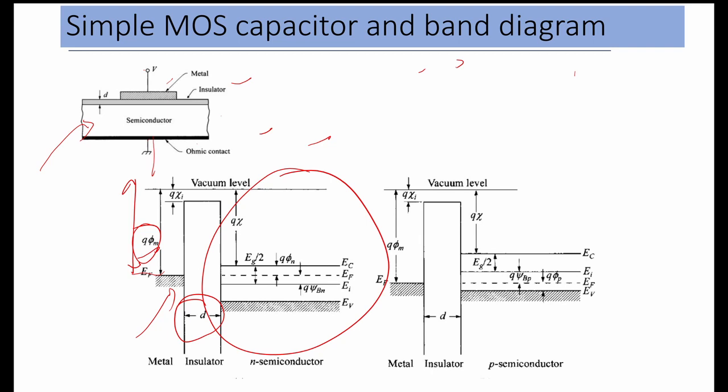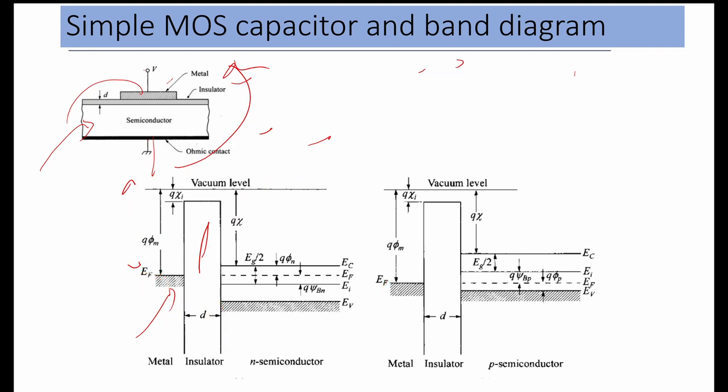We have shown it spatially. This is the metal. If we rotate it 90 degrees, how will it look? This is the metal, this is the oxide layer, this is the semiconductor. In this one, as you can see, the Fermi level is closer to the conduction band.